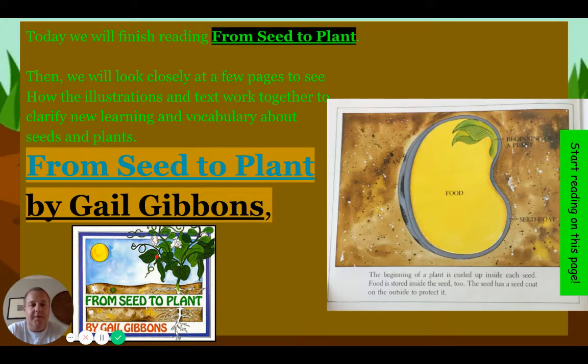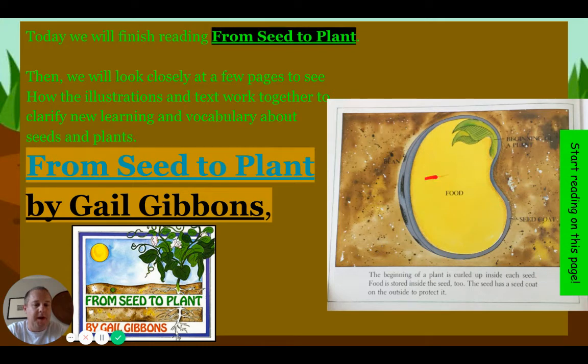We'll finish reading From Seed to Plant. Then we will look closely at a few pages to see how the illustrations and the text work together to clarify new learning and vocabulary about seeds and plants. From Seed to Plant by Gail Gibbons. We're going to start with this page here, and as you can see in the picture, this looks like a bean. And you know what a bean is?